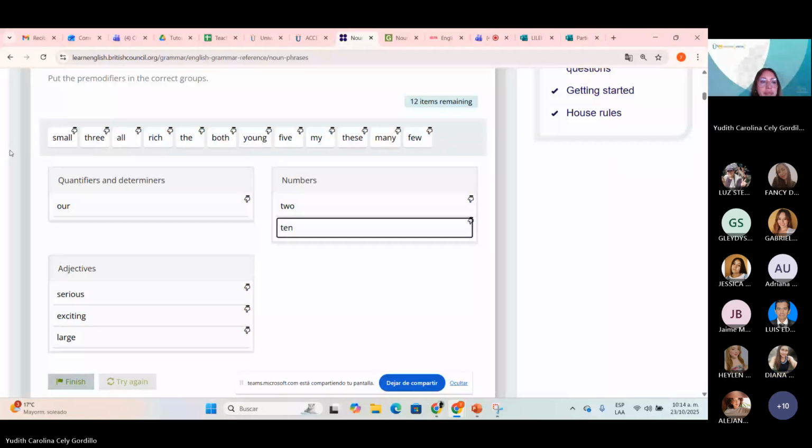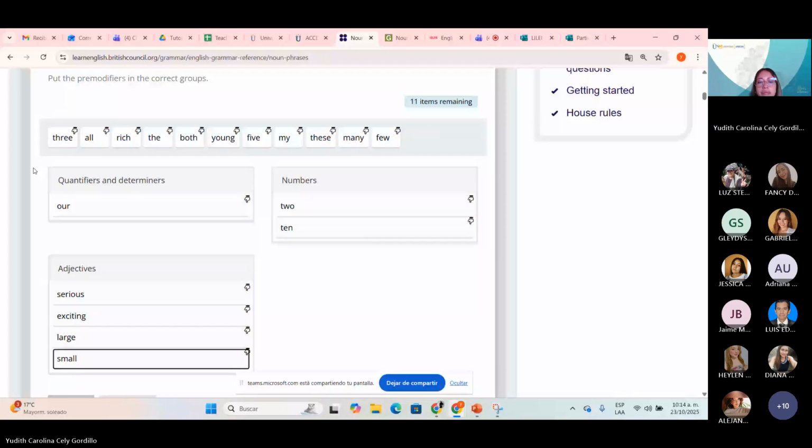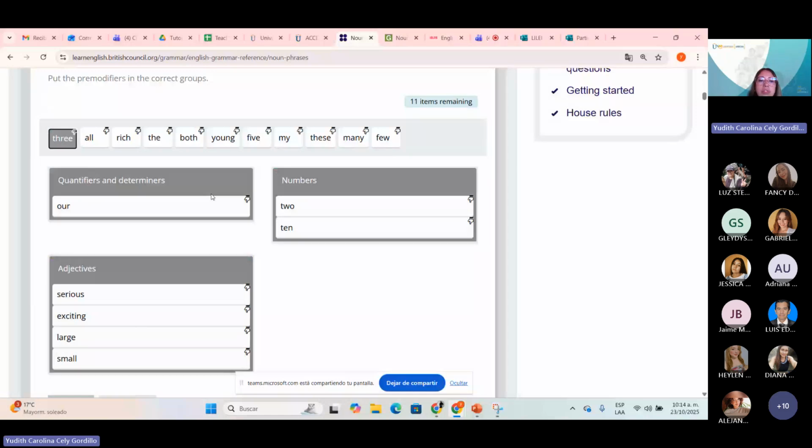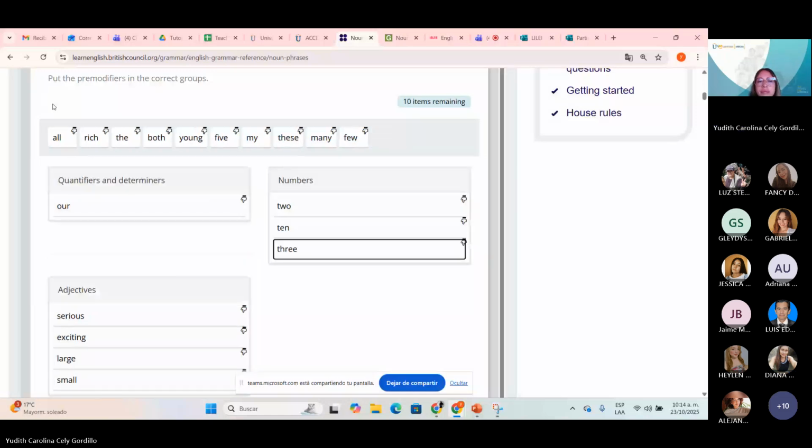Small. Adjective. 3. Number. That's right. Old. Can you identify the word old?